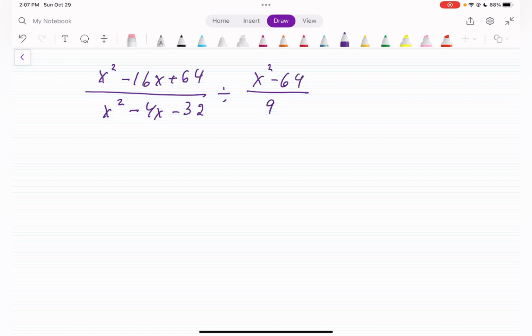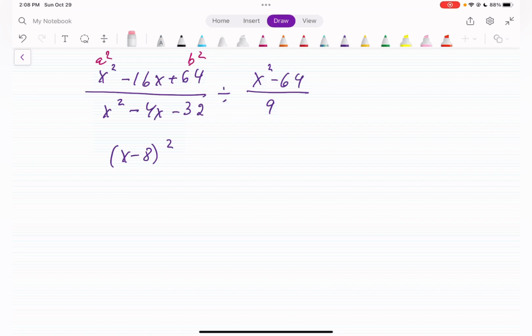Okay, let's see. So first of all, x squared minus 16x plus 64 is going to be x minus 8 squared, a perfect square. Look here, this is a squared, this is b squared, which is going to be 8 squared, right?